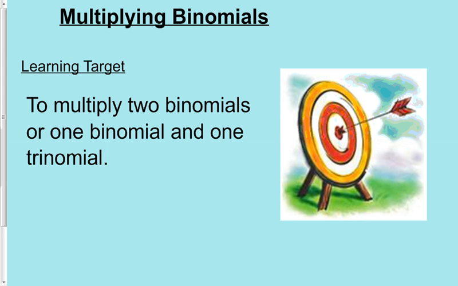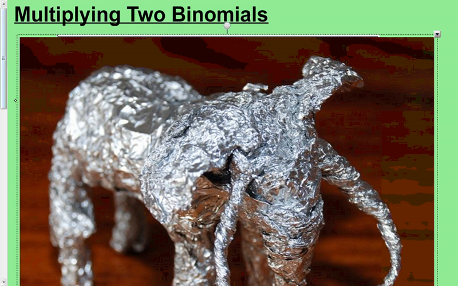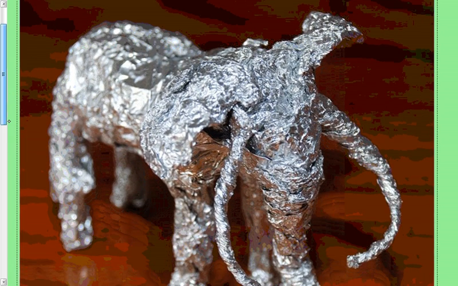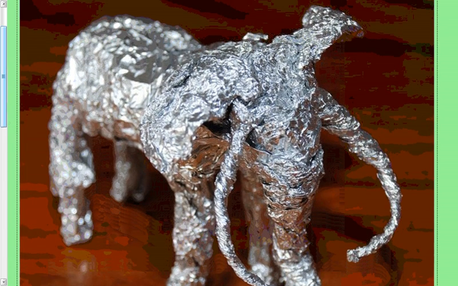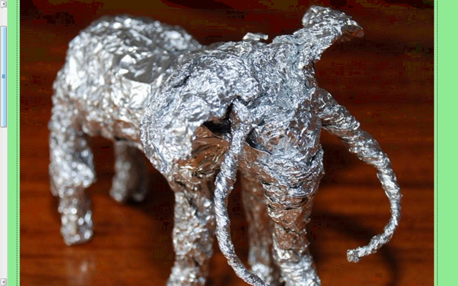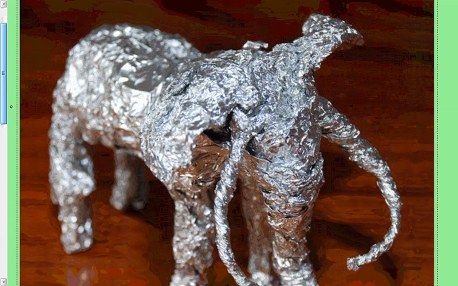So we're going to start with the first part of the goal, multiplying two binomials together. What I've got for you here is a picture of, yes, an elephant made out of foil. It's a foiled elephant. Don't focus so much on the elephant, but on the foil part of it.